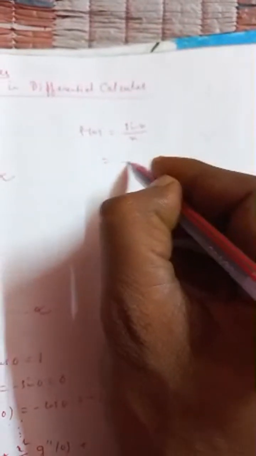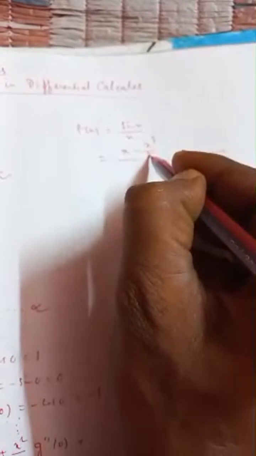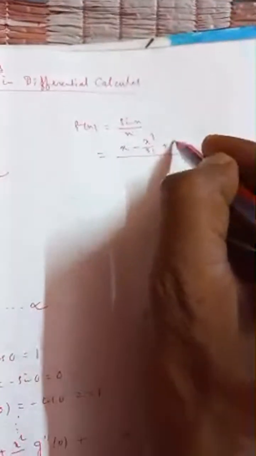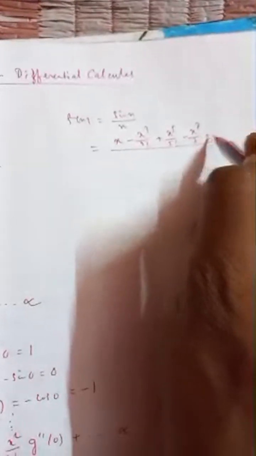For sin x, we have x minus x cubed by 3 factorial plus x to the 5 by 5 factorial minus x to the 7 by 7 factorial plus dot dot up to infinity, divided by x.